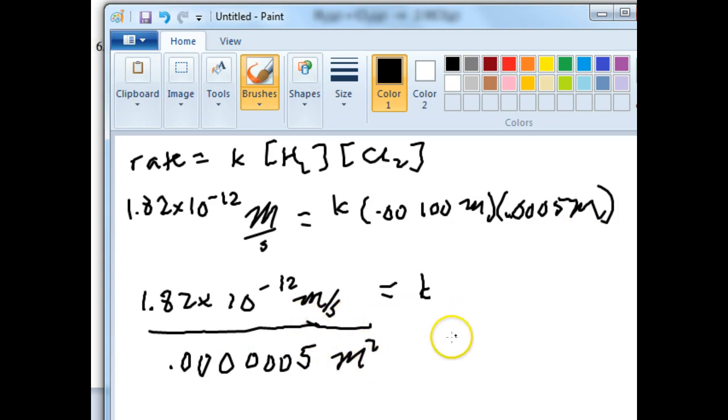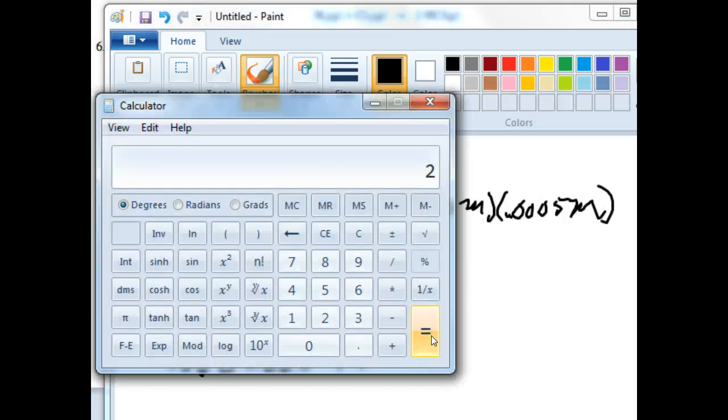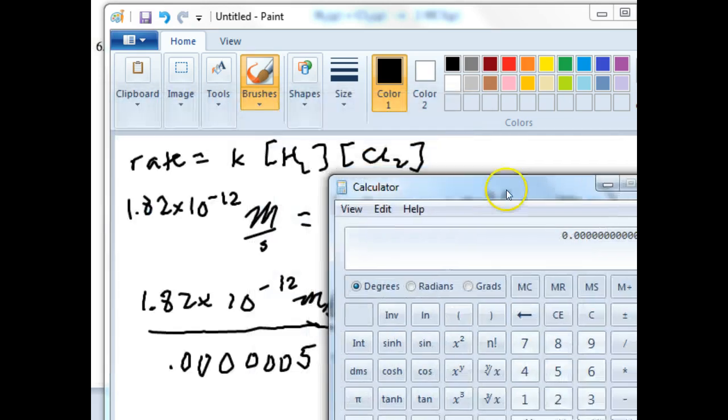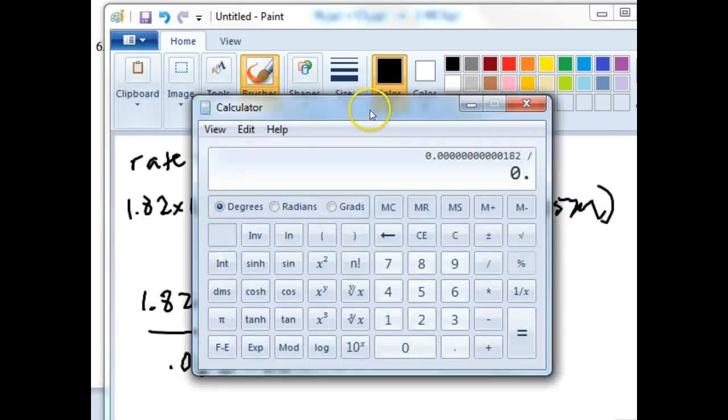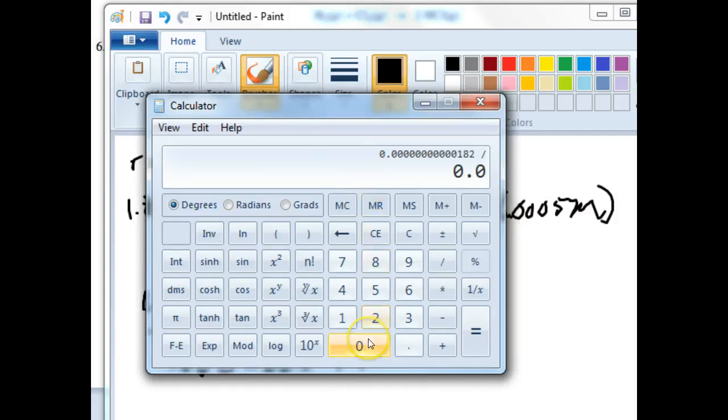So, K, I do this on my calculator. You can get your calculator and do this too. 1.82 times 10 to the minus 12 divided by 0.000001, how many zeros am I going to get? 6 zeros, good grief: 1, 2, 3, 4, 5, 6.